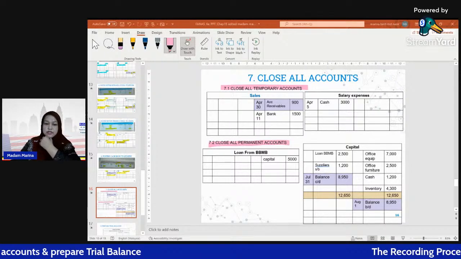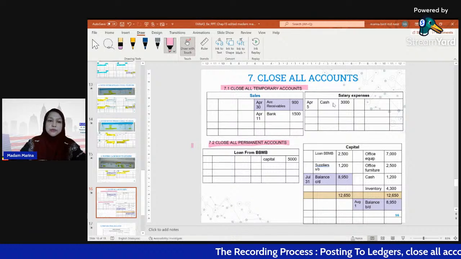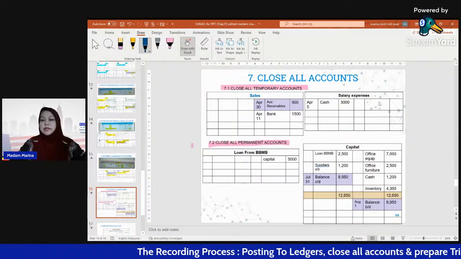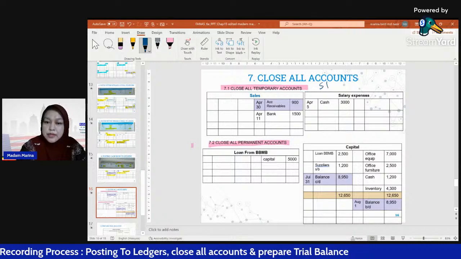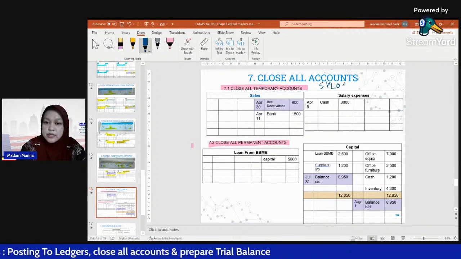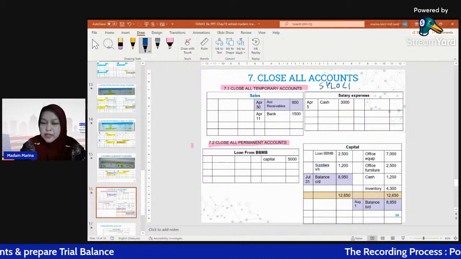Okay, so the difference is the temporary accounts are all the accounts that will appear in the spreadsheet. Account-account yang akan appear dekat spreadsheet itu adalah account temporary.